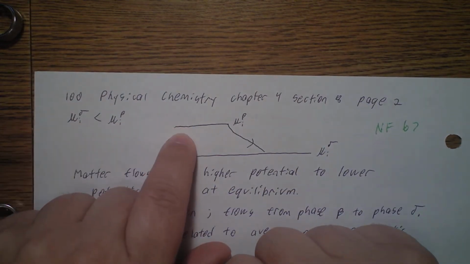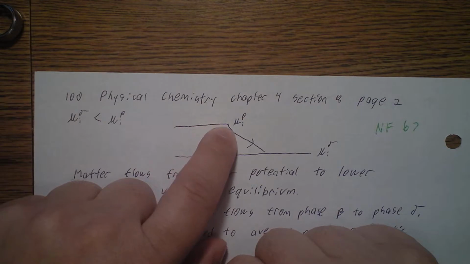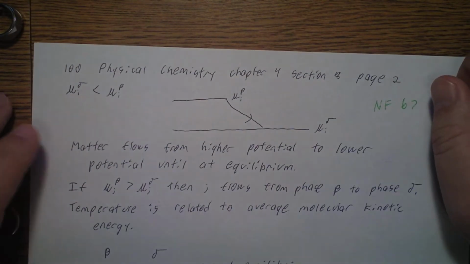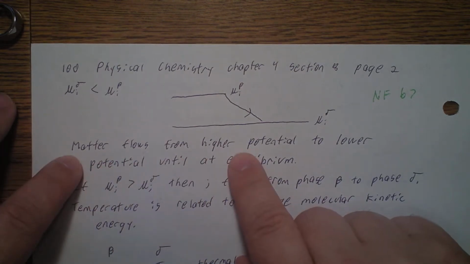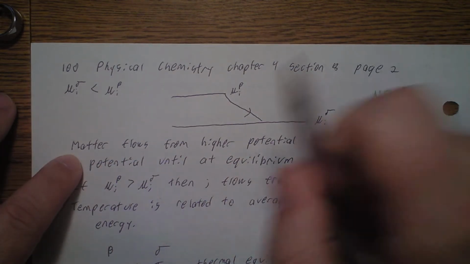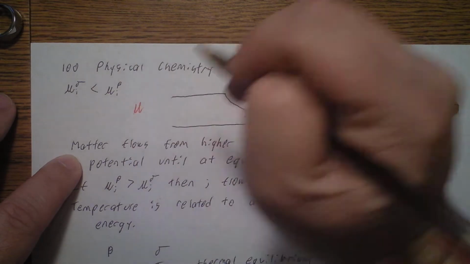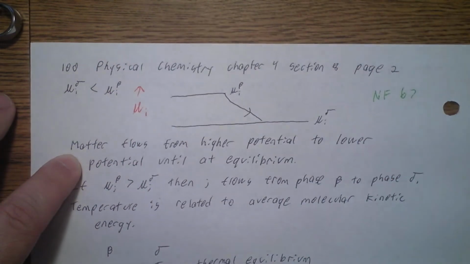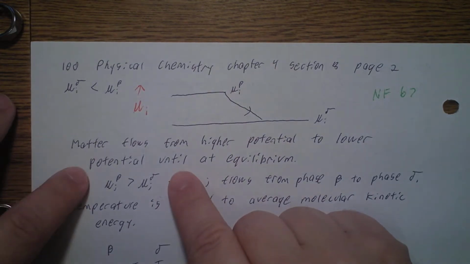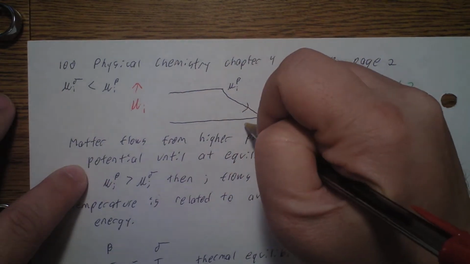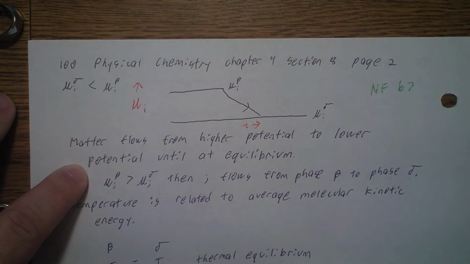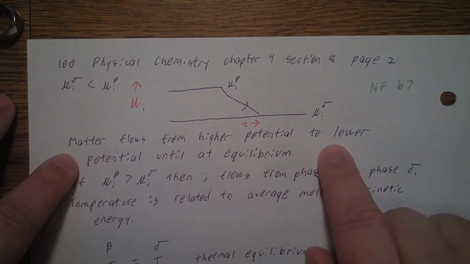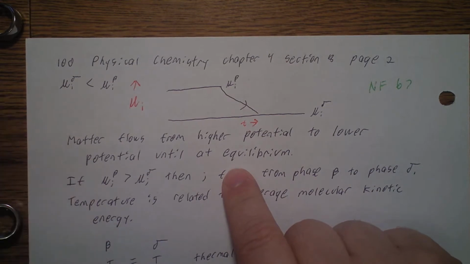So it starts out up here, and then as it dissolves it goes down, and eventually it ends up down here. What this is showing is that matter is flowing from the highest potential. I probably could have labeled that; how about mu i, something like that. And then this would be just time, I guess. You want to add an axis to it. But anyway, matter is going to flow from the higher potential to the lower potential until it's at equilibrium.